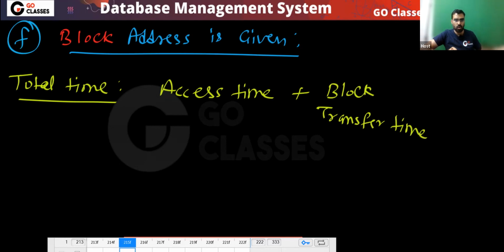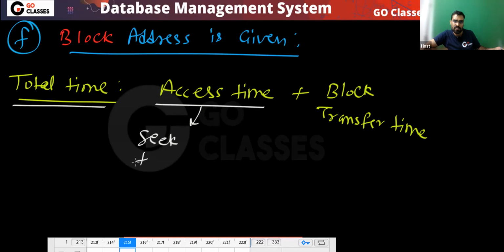So the total time that we will take, because the block address is given to you, the only information that you have is the block address. Now, what is this access time? I told you access time is nothing but seek time plus rotational latency, of course average seek time plus average latency.